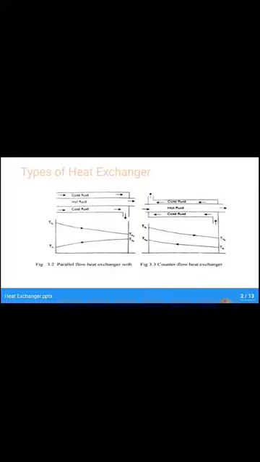Now in the slide, in the first figure, we have hot fluid and cold fluid flowing left to right, so it is in the same direction, that's why the fluid flow is parallel to each other. The temperature distribution along the length of the heat exchanger shows that from the left hand side, THI, the temperature of hot fluid at inlet, decreases and becomes THE or THO, the temperature of hot fluid at exit.